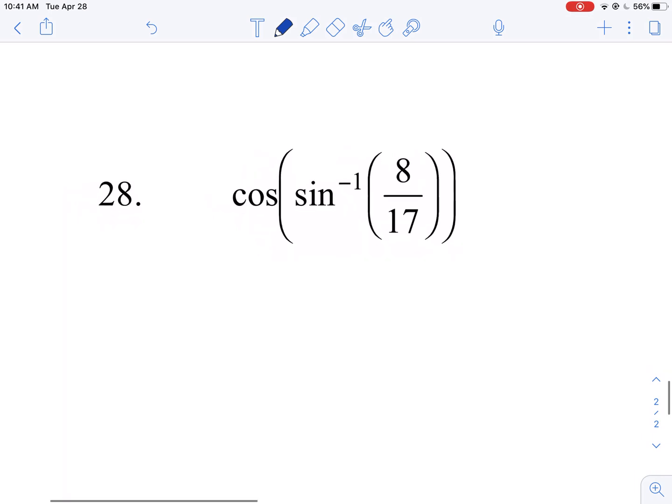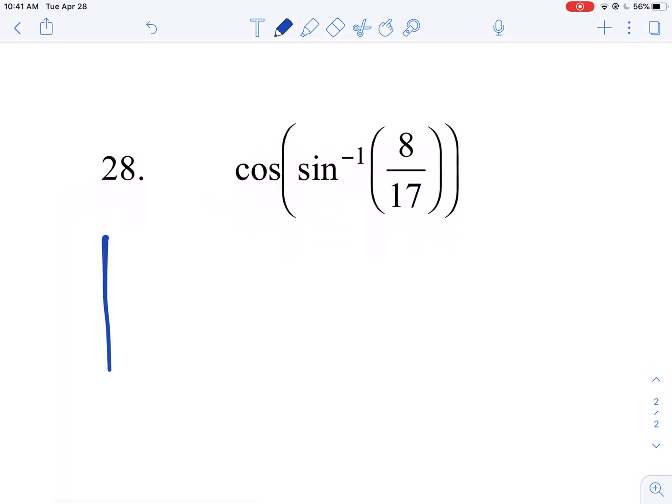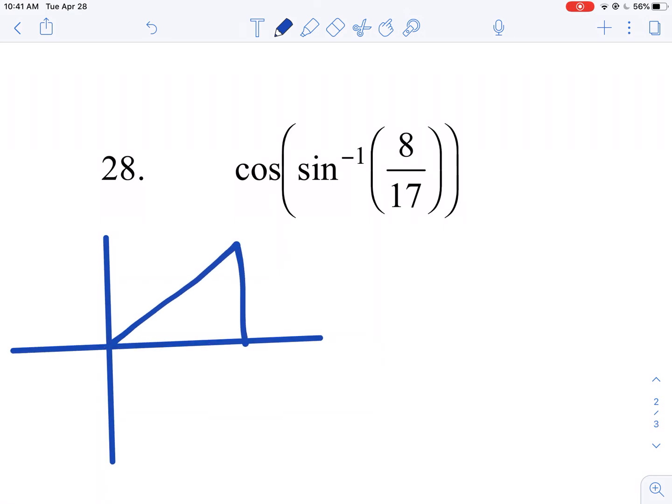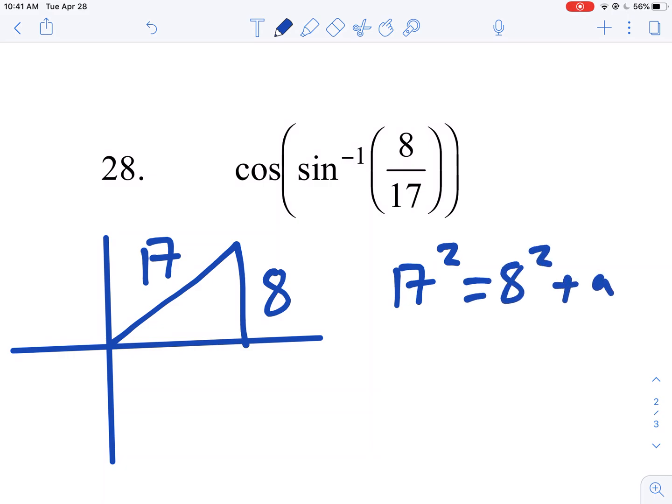The cosine of the sine inverse of 8 over 17. Well, here I can draw out my triangle, and I know that I've got something in quadrant 1 with an opposite of 8 and a hypotenuse of 17. We'll do 17 squared is equal to 8 squared plus adjacent squared. 17 squared is, give me a second to pull up my calculator here, 289, which is equal to 64 plus a squared.